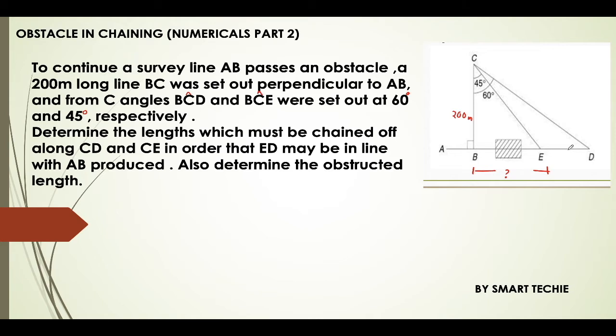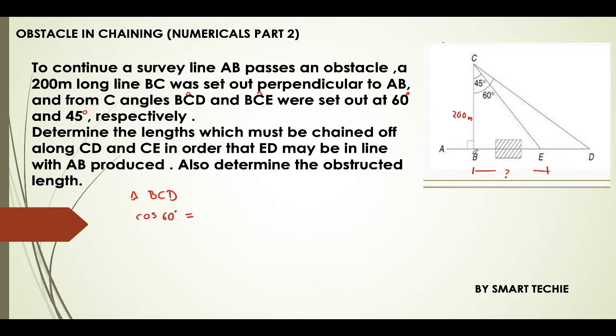We can continue by considering triangle BCD. Here I know this is 90 degrees and the angle at C is 60 degrees. So cos 60 degrees, that is cos theta, is adjacent side by hypotenuse.